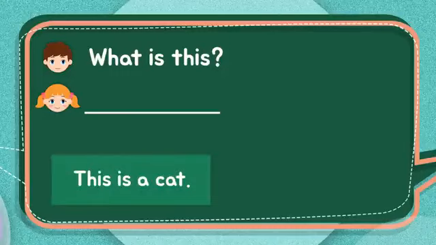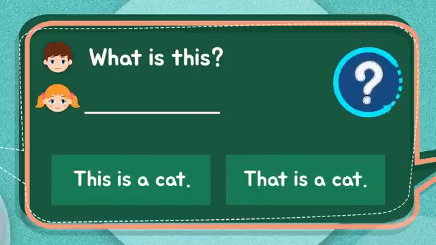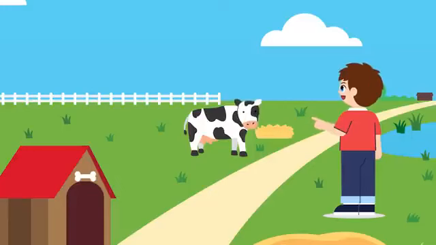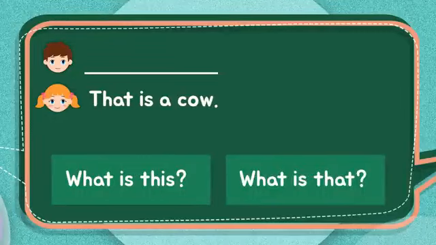This is a cat. That is a cat. What does Tom say? What is this? What is that? That is a cow.